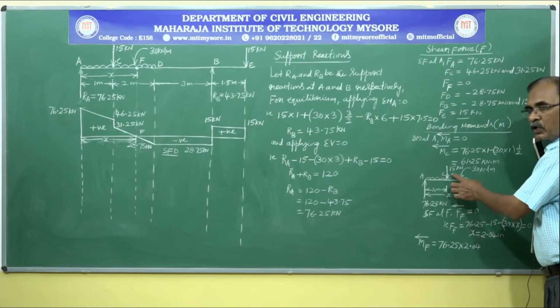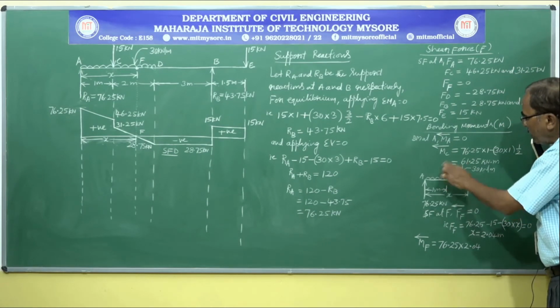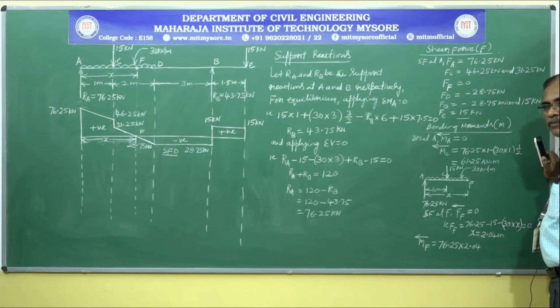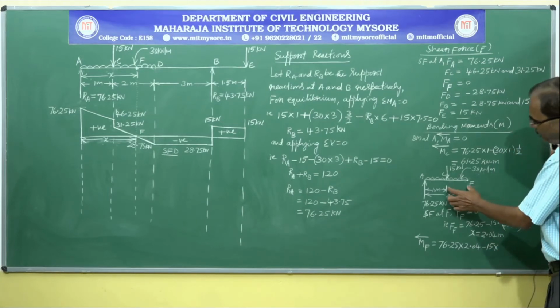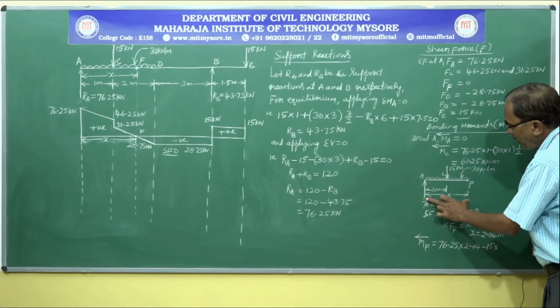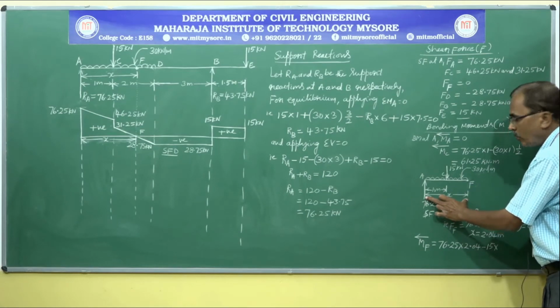Next, consider this point load. This point load again creating anti-clockwise movement about point F, minus 15 into its perpendicular distance from here to here. So, we calculated x value, it is 2.04.